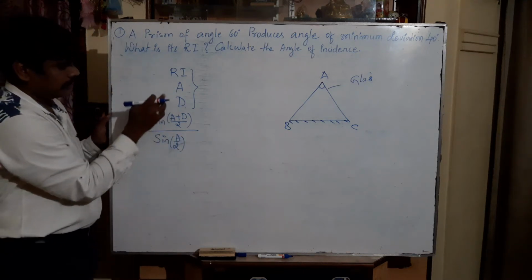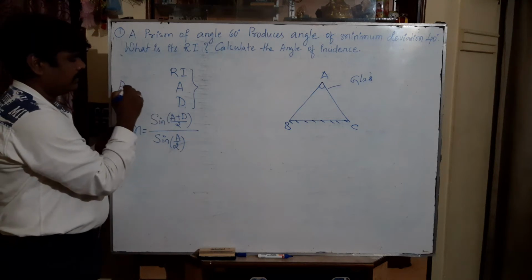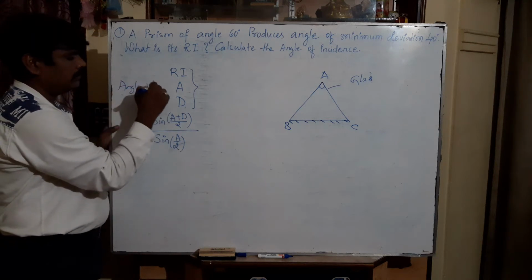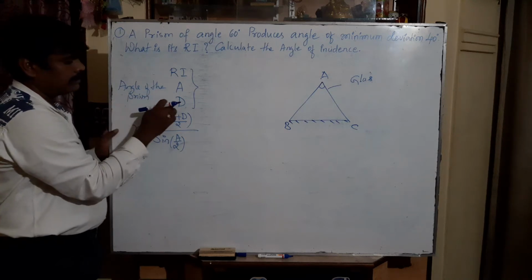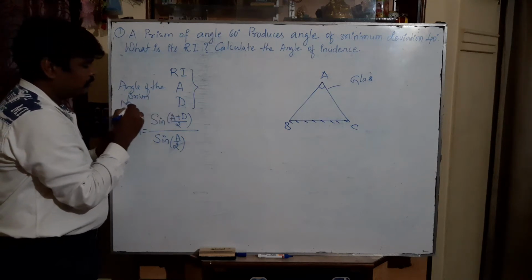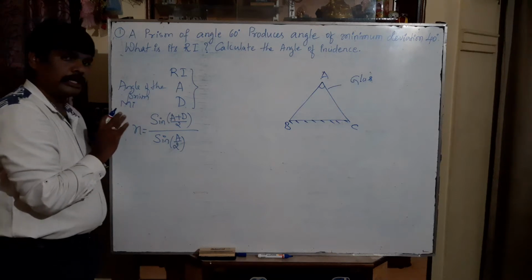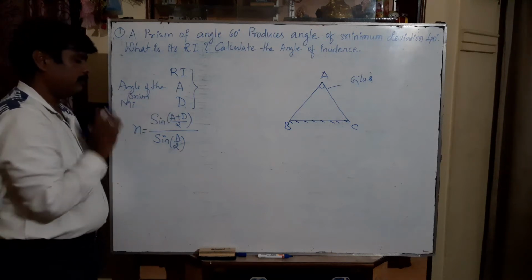Here A is the angle of the prism, and D is the angle of minimum deviation. This is very important. It is not just any deviation, it is specifically the minimum deviation.